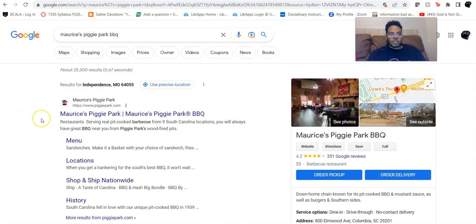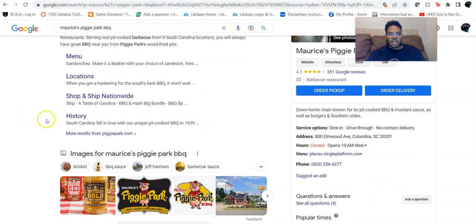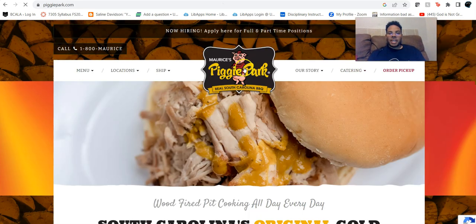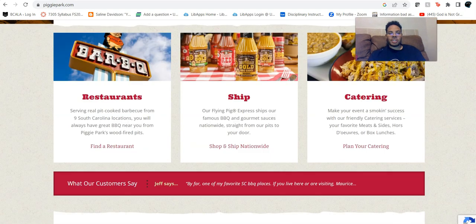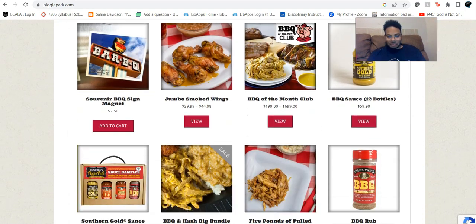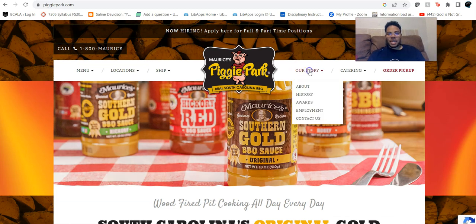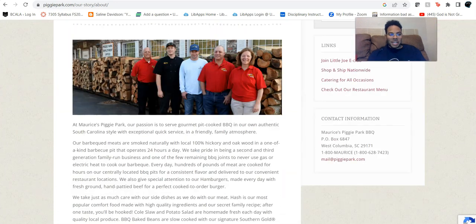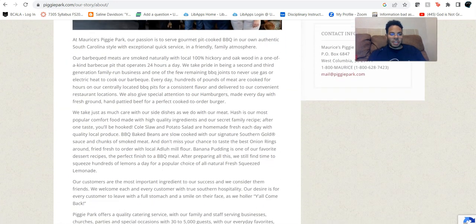I don't remember Maurice's last name, but Maurice was a very reputable segregationist in South Carolina, and he is known for his Maurice's Piggy Park real South Carolina barbecue plus the hash and rice. I think the stuff is incredible. I honestly do love it, but Maurice himself was a very unrepentant racist. His descendants, not so much, not that I've heard.